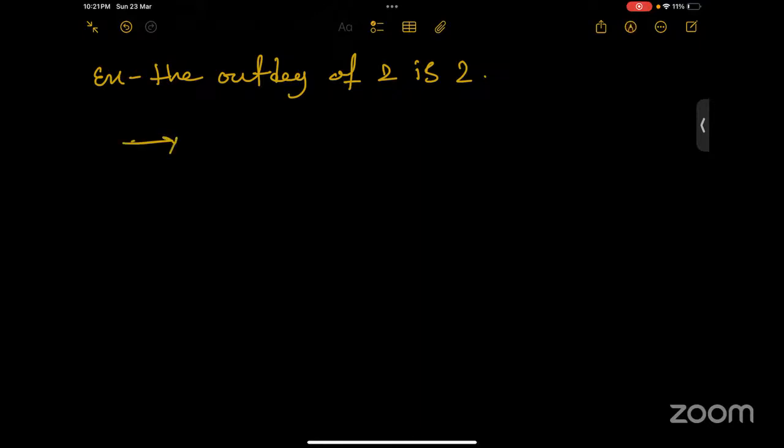It will also help us to solve the reachability problem, so we can find the smallest path to go from one vertex to another vertex.